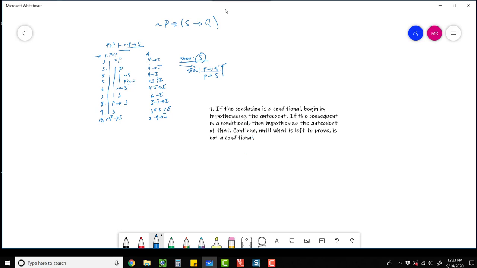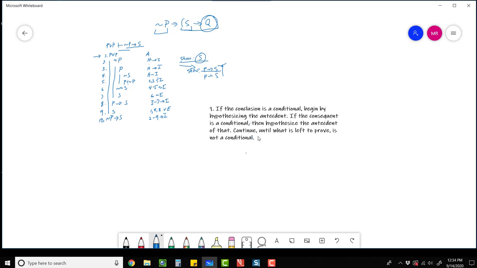You would hypothesize not P, but then since what now you're trying to derive is if S then Q, you would immediately then hypothesize S, okay? And that makes your job Q. So hypothesize everything you can for the purpose of conditional introduction. That's basically the first rule.